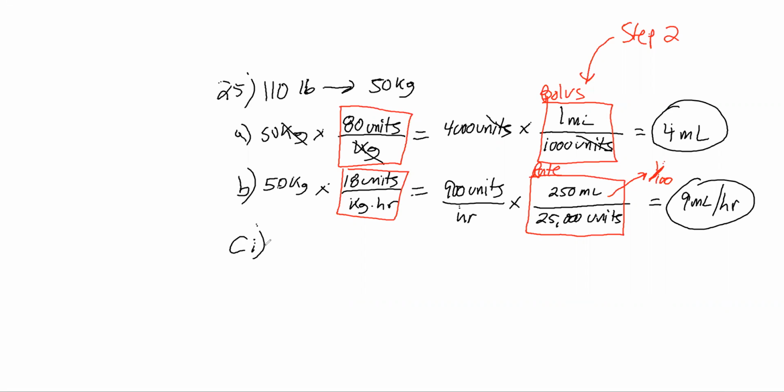But for practice, I would suggest writing out your 50 kilograms times, now it's not 80 units this time, it's 40 units. And it's 40 units because the protocol told us to do that. That gives us 2,000 units. We don't want units, we want milliliters.